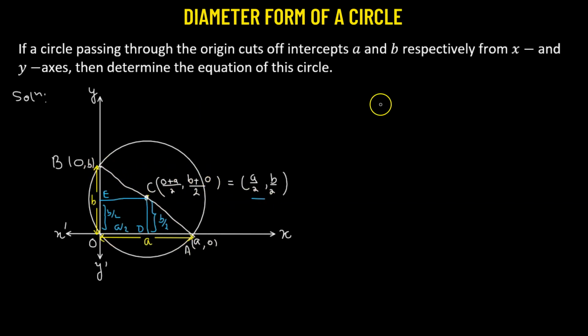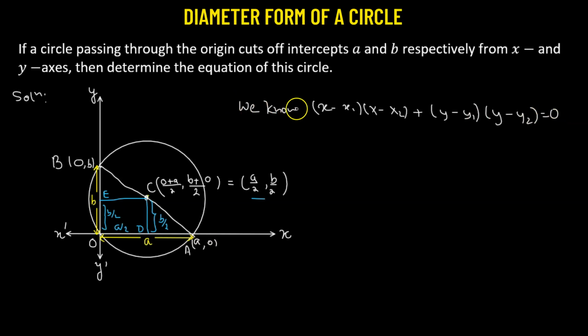Now that we have the diameter of the circle, we can use the form (x minus x1)(x minus x2) plus (y minus y1)(y minus y2), which is going to be the equation of a circle. We know this.